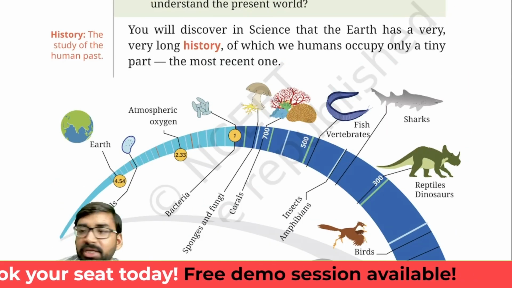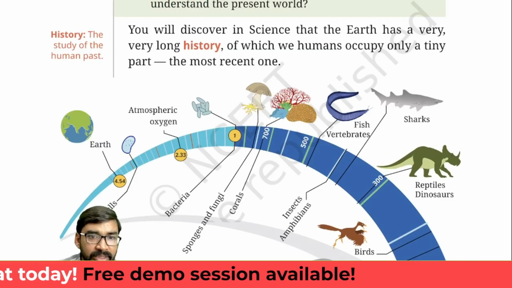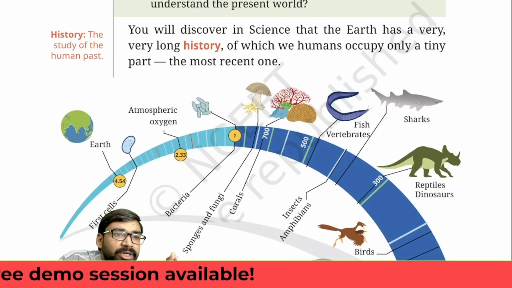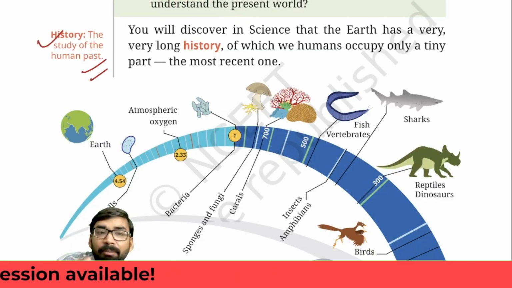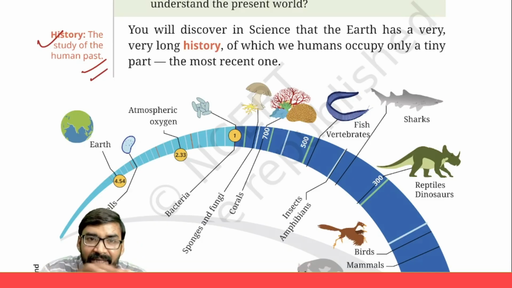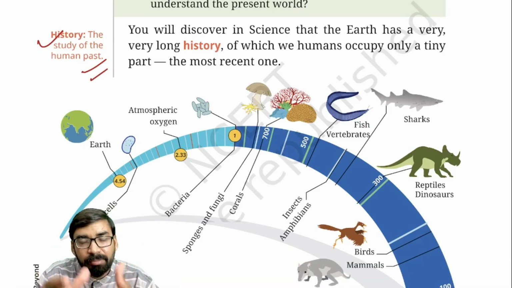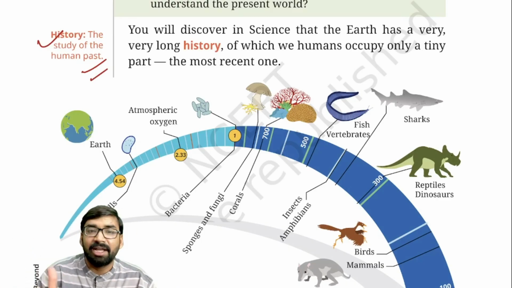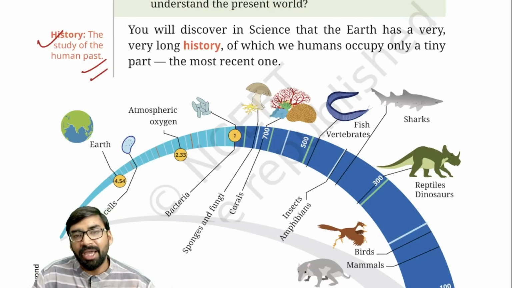As you can see here on your screen, the first important thing is that history is all about the study of human past. History is an unending dialogue between past, present and future. ये किसने कहा, अभी हमने डिस्कस किया, it is given by E.H. Carr, है ना. ठीक है.